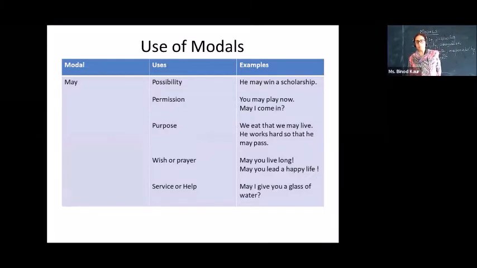So may is a very simple one. In some sentences, in some expressions, it is a set rule that may is going to be used there. Let's see if there is any expression. May, possibility. He may win a scholarship. Now you can say, ma'am, you said can also expresses possibility.